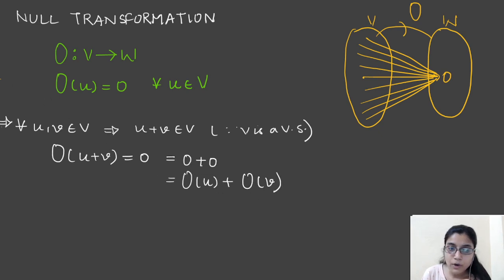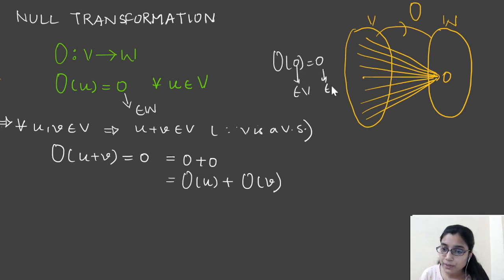What I want to explain is that in this mapping, this belongs to W. So don't get confused, because 0 of 0 also goes to 0. Every member of V is being mapped to W, so the zero vector is also in V, and that is also being mapped to W. But this is from V and this is from W, so don't get confused by this notation.